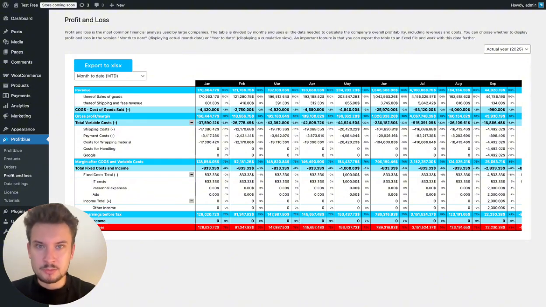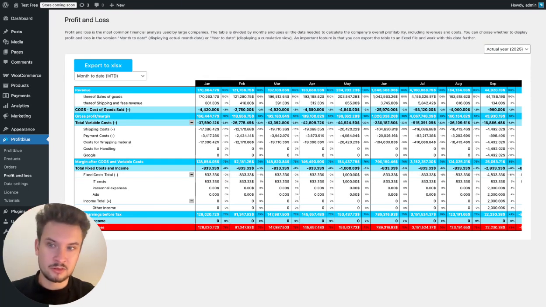You may be asking why you need that, because you don't do some financial reports. If you are not a big company, you are just a small e-shop, why do you want a profit and loss? And my answer is very simple. If you don't have the profit and loss, you will be in big trouble in a few months, a few years, because financial reporting is one of the most important things you need to know to financially manage your company.